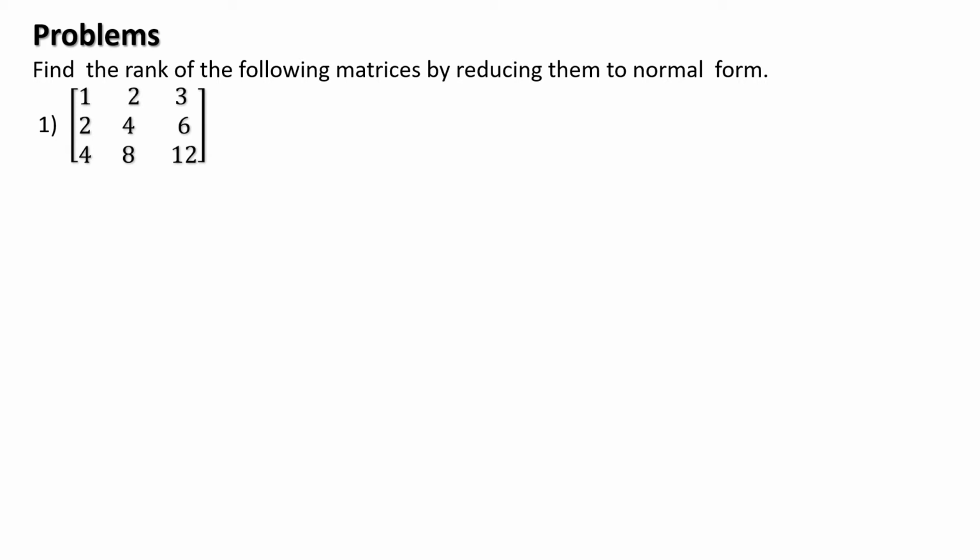The example here is a matrix 1, 2, 3; 2, 4, 6; and 4, 8, 12. We have to reduce this to normal form and hence find the rank. Let us see how we can do this. Let us call the given matrix A. Then let us write the solution.